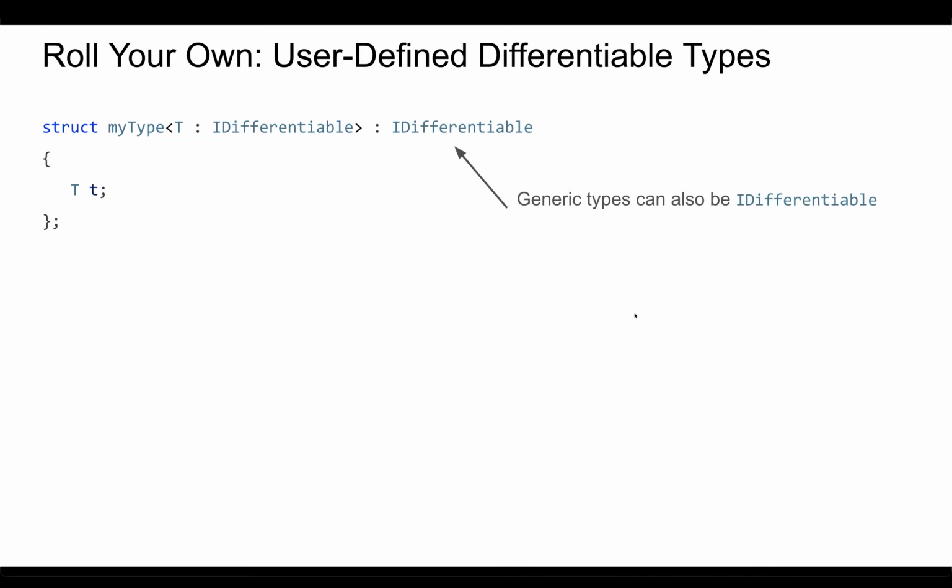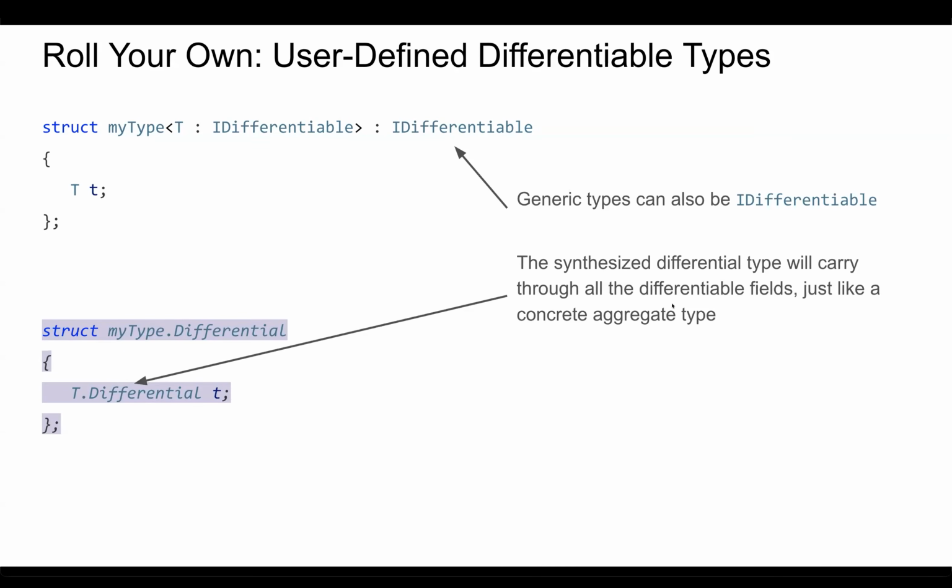Now, consider this struct that holds a generic type T. Since T is constrained to be differentiable, the synthesized differential type for myType will contain T's differential type. The compiler knows how to carry through this differentiability, so myType.differential will contain T.differential.